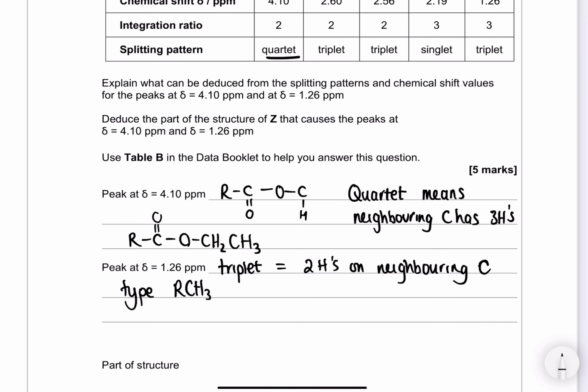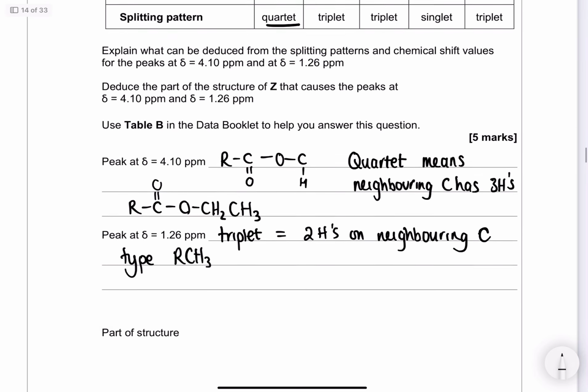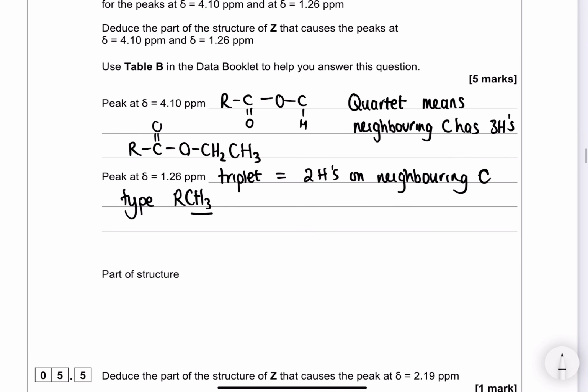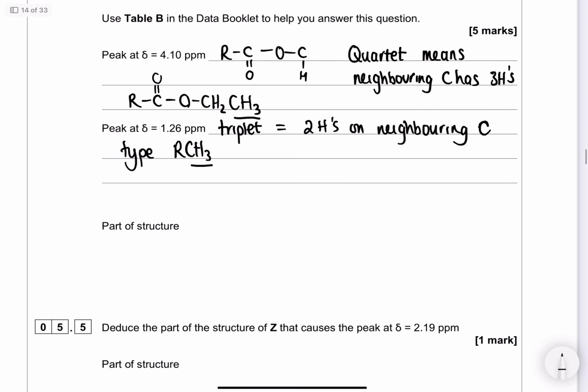And by the fact that it's an integration ratio of 3, those 3 are these 3. So combined together, putting all that together, we've got a double bond O, O, CH2, CH3. We've got an ethyl group. This triplet quartet is an ethyl group attached to our ester oxygen.